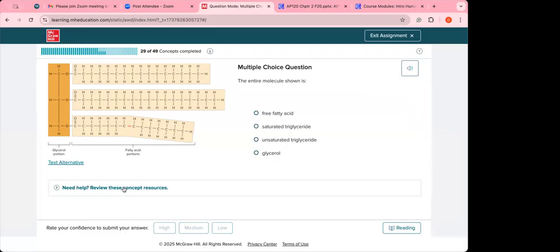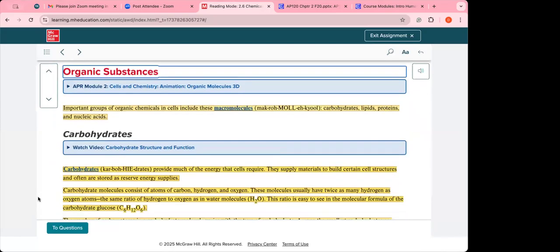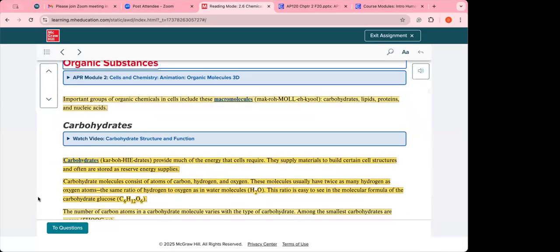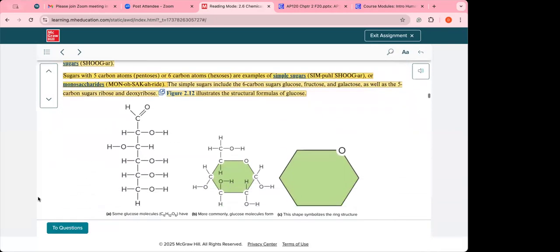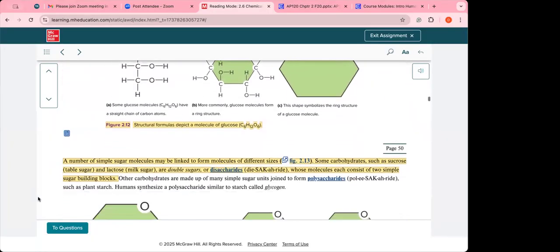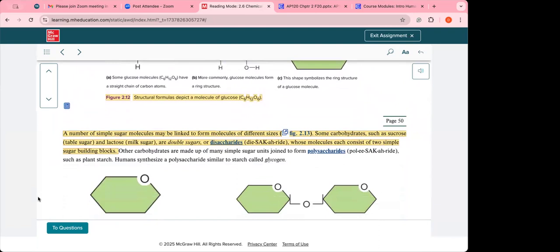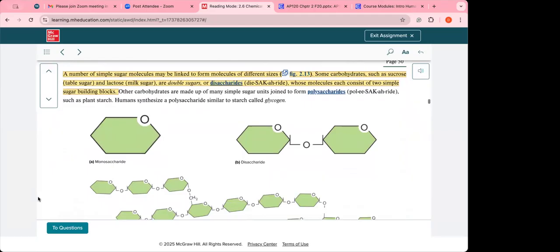But it looks like it's going to be with the triglyceride. So let's keep going. Has to be with the diagrams of the triglycerides. We're on the carbs. Yeah.